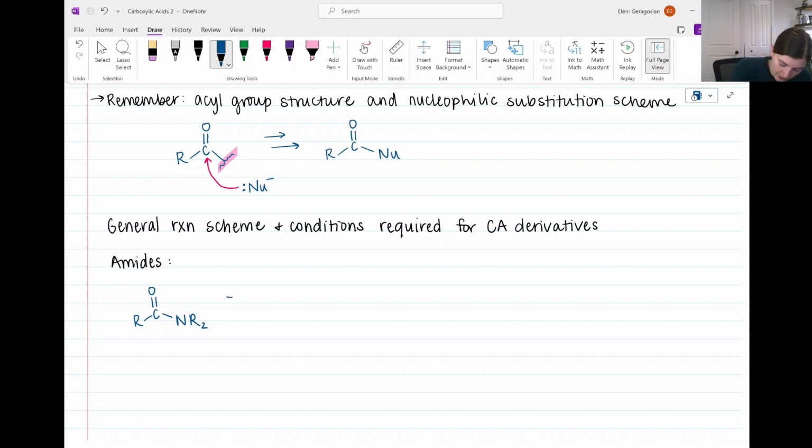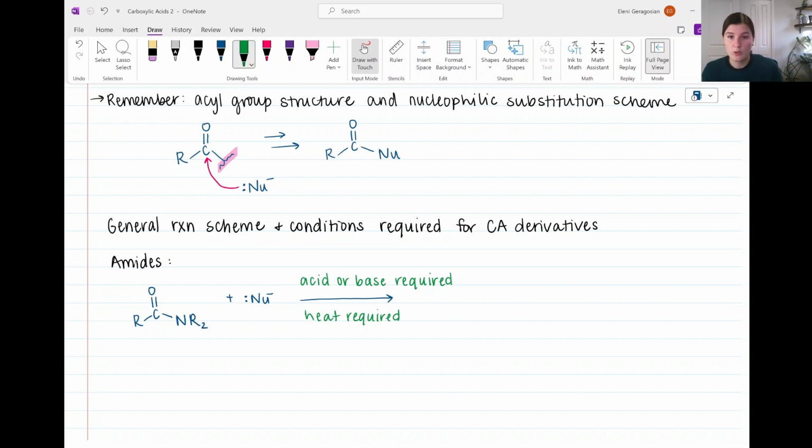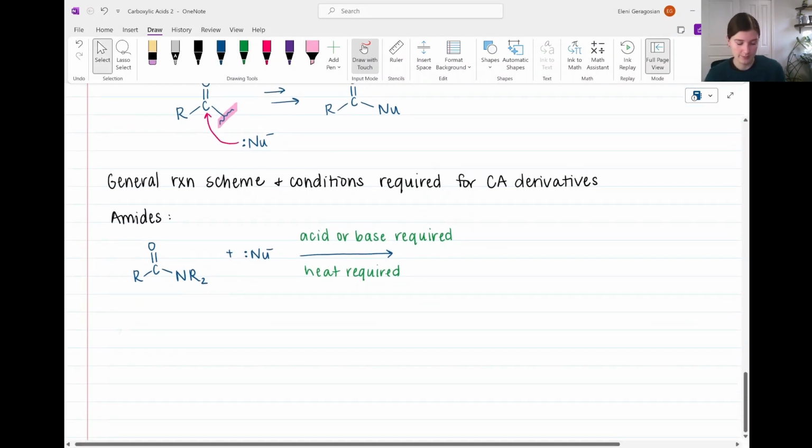If we are doing nucleophilic addition to an amide molecule to produce the nucleophilic substitution product, then for this reaction to occur, an acid or base is required, and heat is required. So for nucleophilic substitution to occur with an amide, an acid or base is required and heat is required.